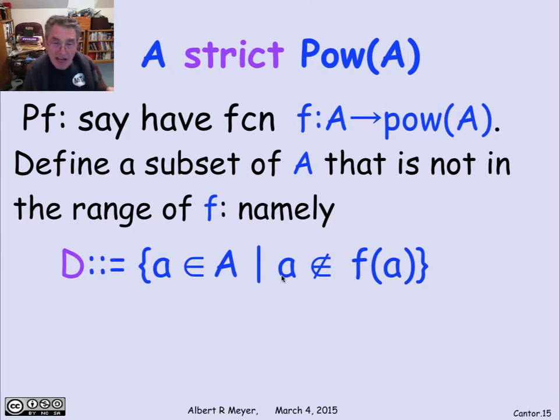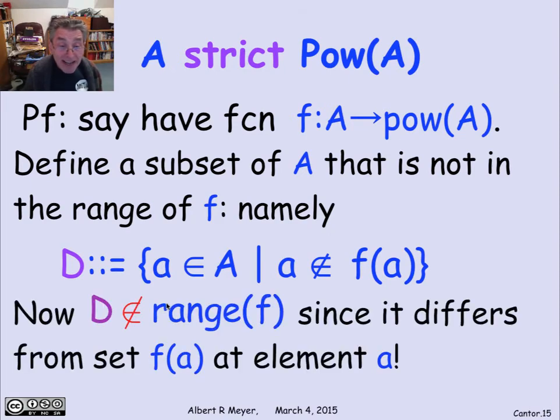Namely, if an element appeared on the diagonal because an element with column label A was in the row f of A, then I left it out of my set. And if it was not in that location in the matrix, I put it in my set. So I'm keeping all the elements that aren't on the diagonal. That's my diagonal set D.